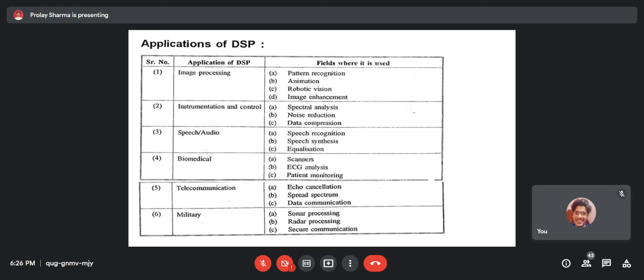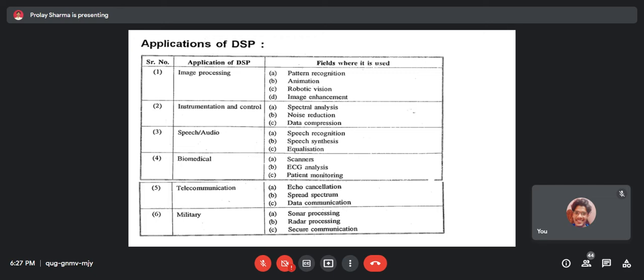Then biomedical applications. DSP is widely used in biomedical instruments. Mostly all the instruments in the biomedical field are classic examples of DSP applications. Suppose it is MRI, CT scan, ECG, and USG. So in every biomedical instrument, there is an application of DSP.